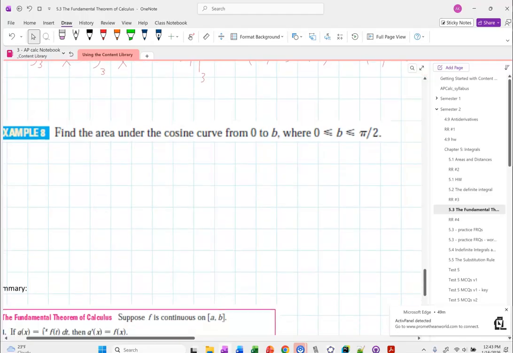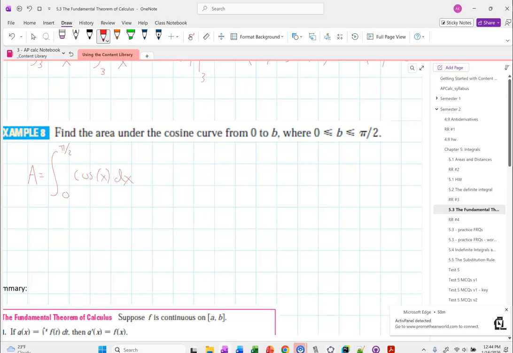The area under the cosine curve from 0 to b, where b is between 0 and pi over 2. Do that, right? It's the antiderivative of cosine.